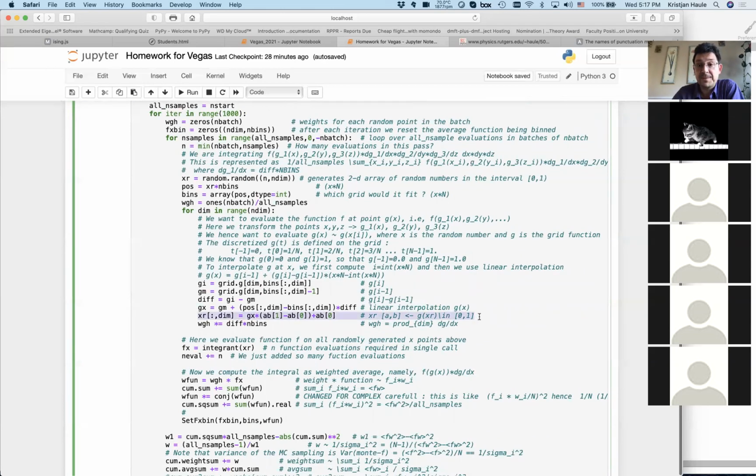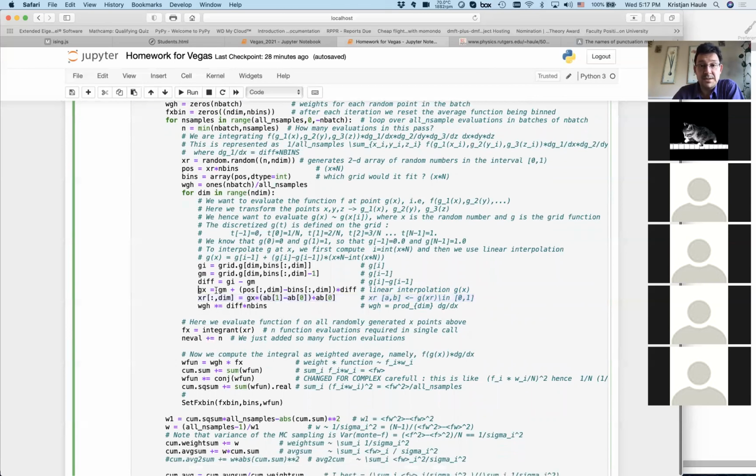So basically, when we calculate G of X here, we evaluate it as a linear interpolation on random numbers. So this X here is the array of random numbers, and we had to interpolate random numbers on this grid, G of X. And up to now, everything is the same as before.